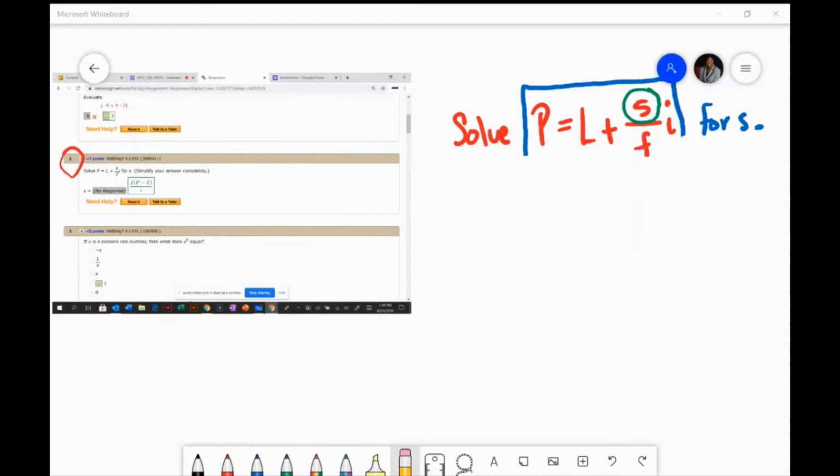So we're going to subtract L from both sides. So that'll go away on the right side, and we're going to have minus L on the left side. So now we have P minus L equals S over F times I.